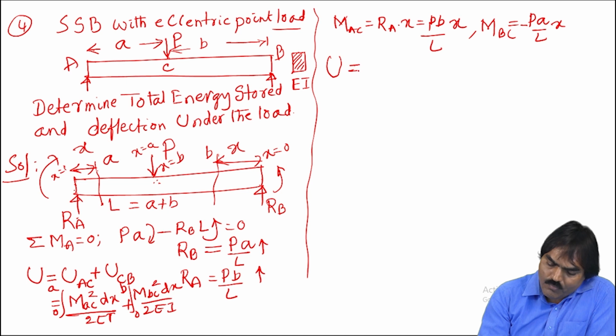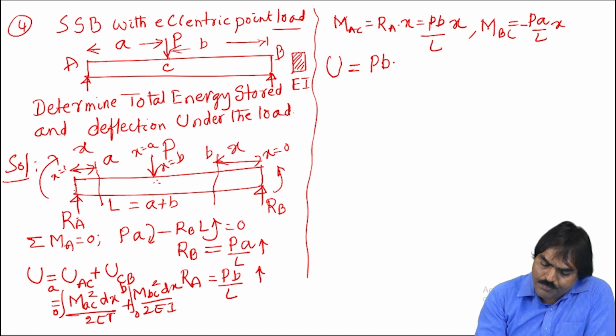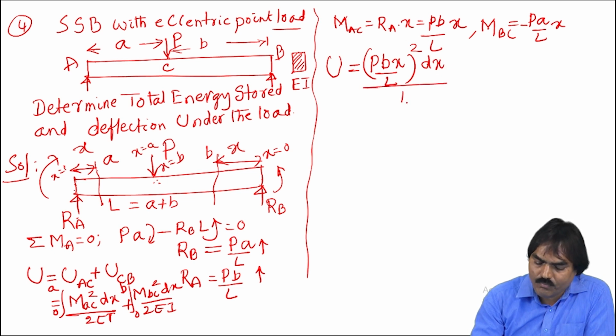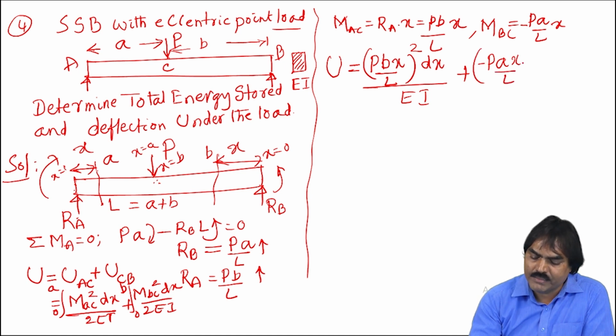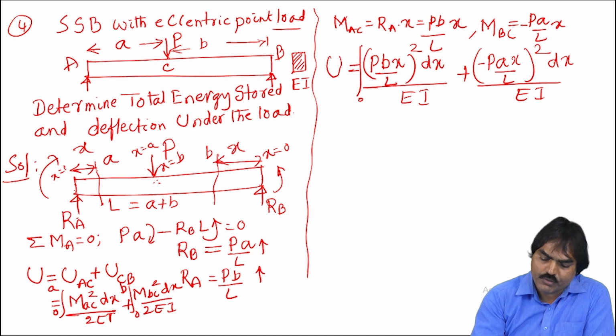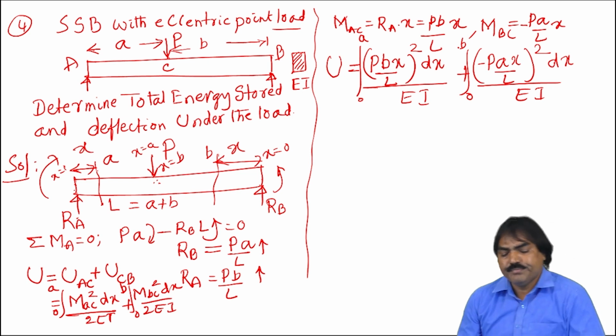So that this is MAC square, that is (PBx by L) whole square dx by EI plus MBC is (PAx by L) whole square dx by EI. So what is the limit of integration here? 0 to a. Here the limit of integration is 0 to b.